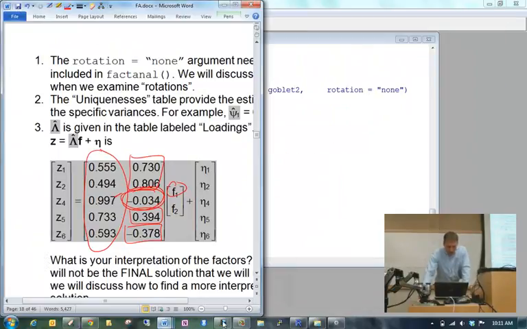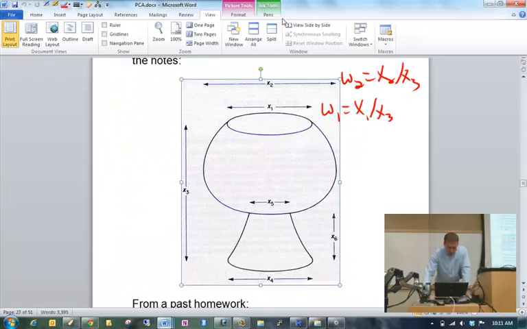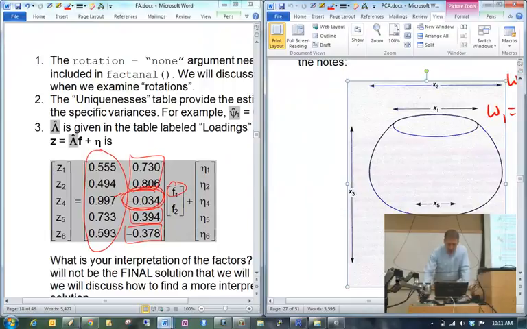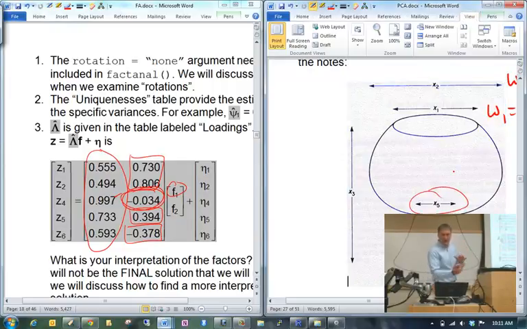Let's see if I can do this. I'll dock it on the left side, and I'll bring up the actual goblet itself. So what we see in this particular case for common factor number 2, what it's representing is essentially the cup of the goblet, and also you could say, where the goblet actually is connected to the base.